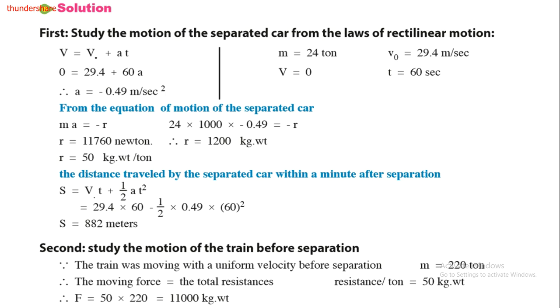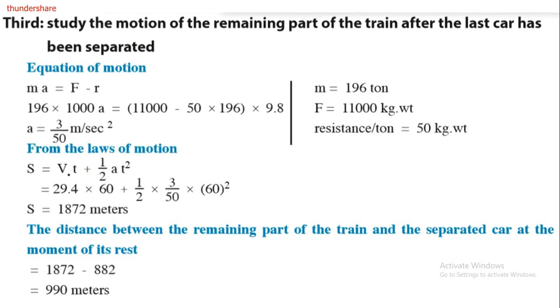And then we can just say that ma equals F minus R. So after the separation, we said that we are using this acceleration a for the train in this case. So ma equals F minus R. After we substitute, we found a equals 3 over 50.